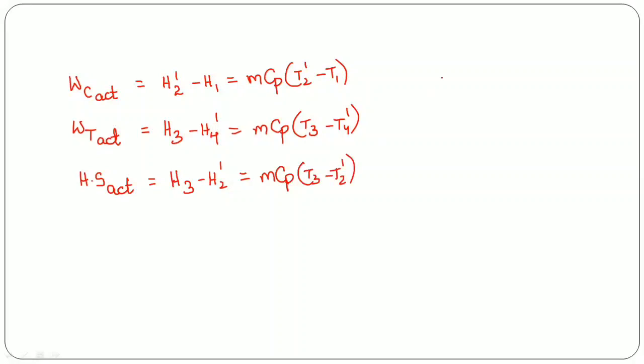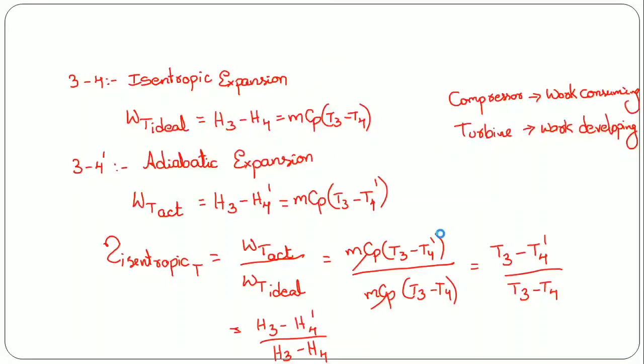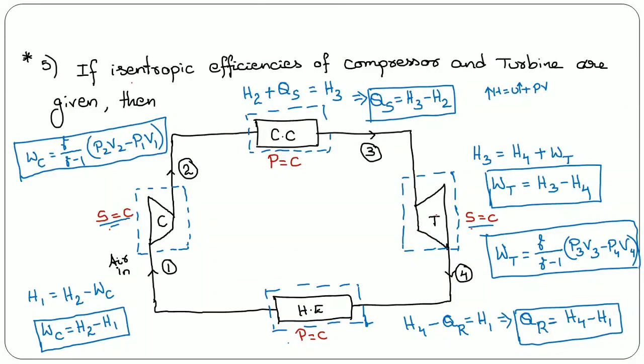Then the work developed by the turbine we call the gross work developed, whereas the work developed by the turbine minus the work input given to the compressor we call the net work output. The reason is, in the cycle the turbine is developing a certain amount of work output, which is the gross work developed, but this turbine has to supply a certain amount of work input to the compressor by using a shaft.